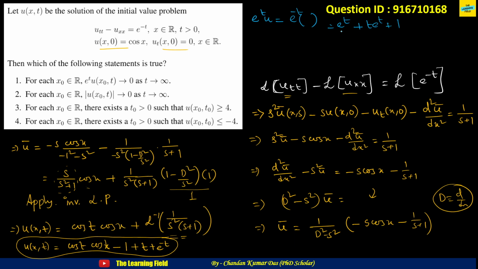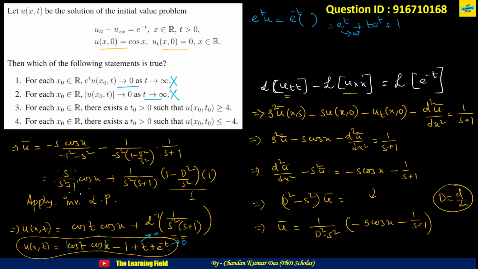See, this term goes to infinity, therefore it does not go to 0. Incorrect. Similarly, if t tends to infinity, this term is bounded, there is no problem with this condition, but this does not go to 0.